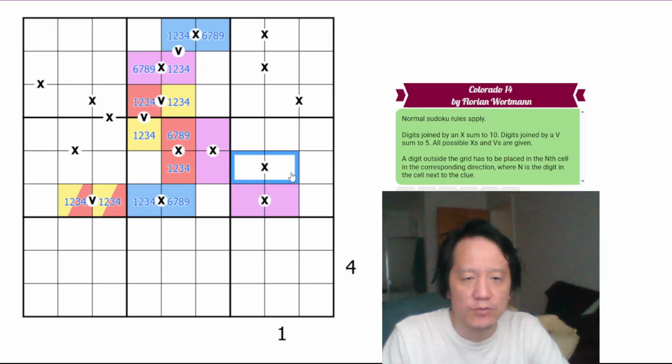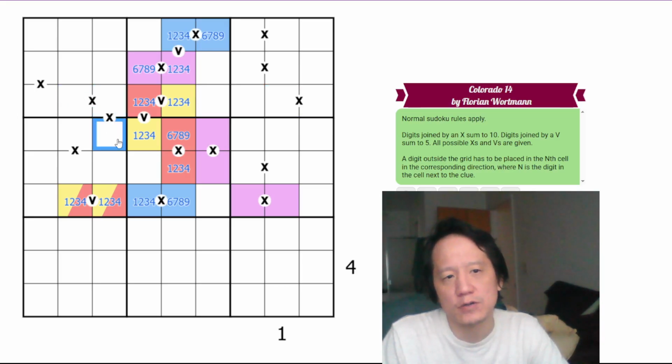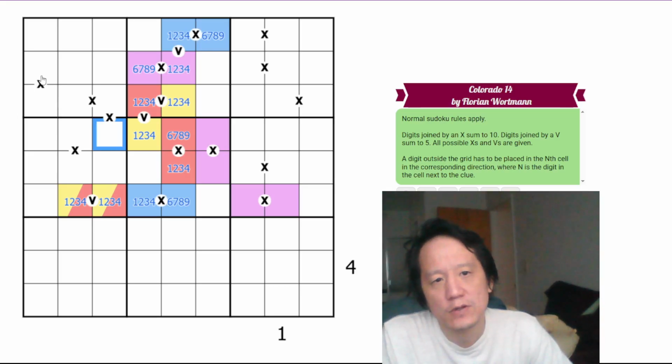Okay, this can't be the reds adding up to 10. This is blue or pink here. So this is definitely pink.